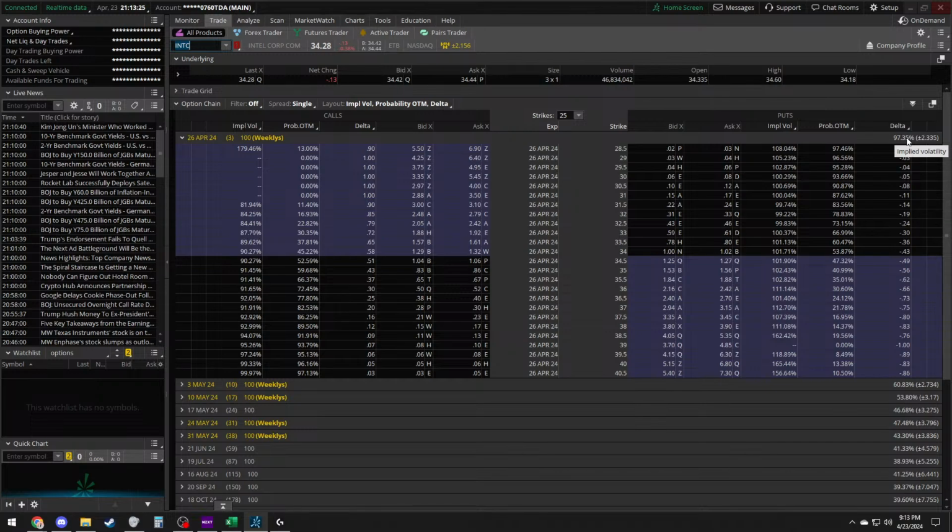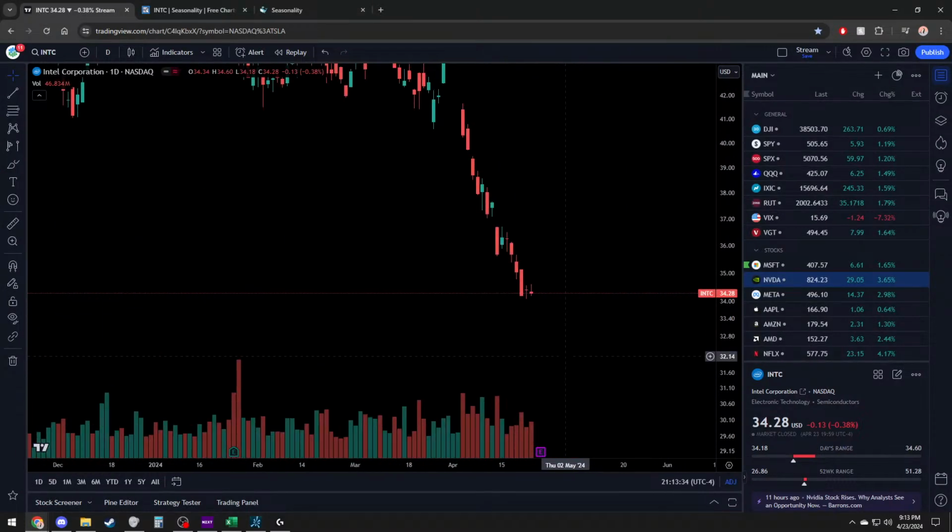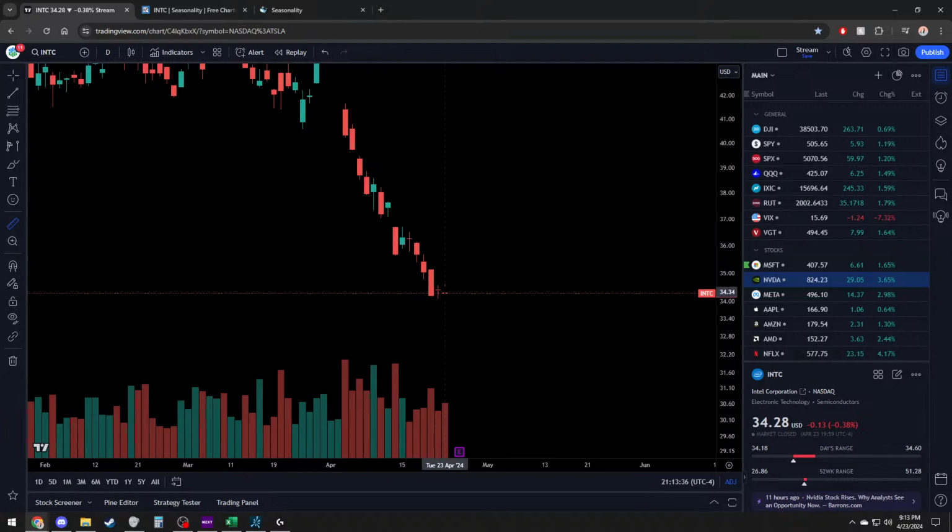Decently high implied volatility, 97%. 2.34 rounded. So you're probably looking at, let's assume price stays where it's at, 2.34, right? Yeah, about a 6% jump to about a 6.5% drop, 6.83. So we'll see how Intel does.